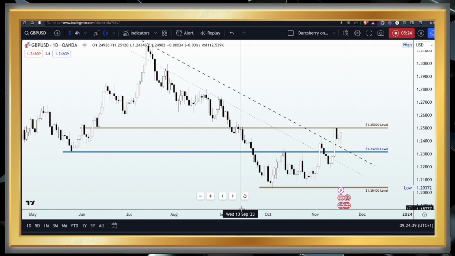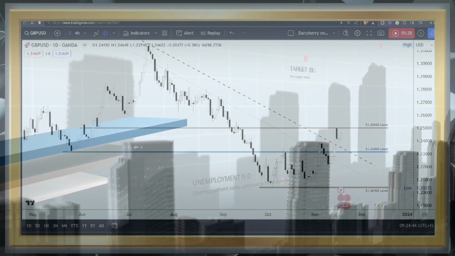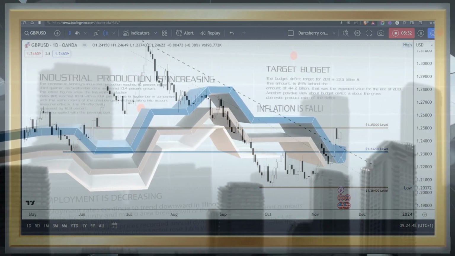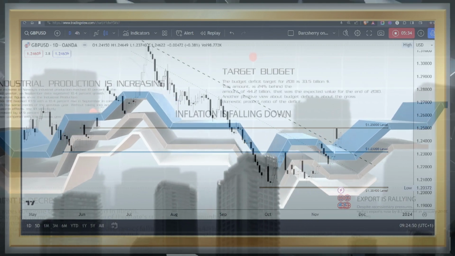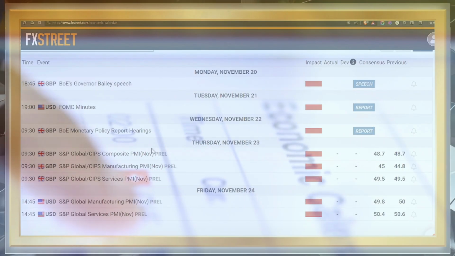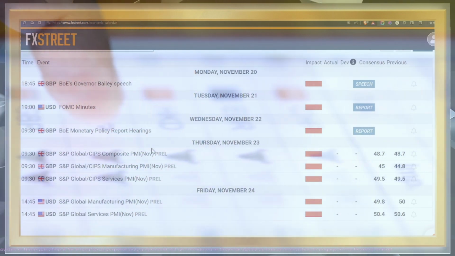But before we dive into that, let's run through the economic calendar so that we can keep tabs on the fundamental factors that will be driving the market sentiments for this week. And of course, you know how important this is, as these fundamental factors usually manifest on the chart in technical patterns and price movements.